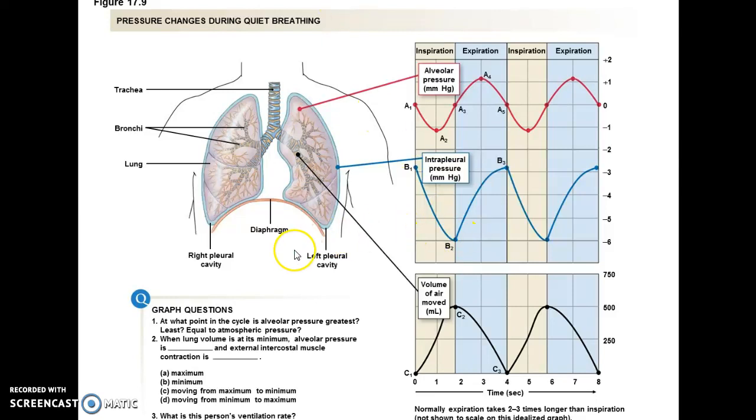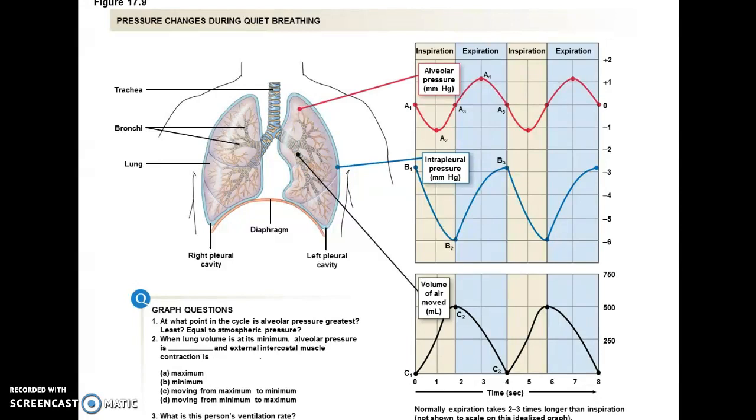All right, so you can see some of the pressure changes. So intrapleural pressure is actually going to be lower, right? Why? Because intrapleural pressure needs to keep your lung kind of attached to it. So the intrapleural pressure is always going to be lower than the pressure of your lung. If you were to get a gunshot or a knife through your lung, what's going to happen is that intrapleural pressure is going to go down.